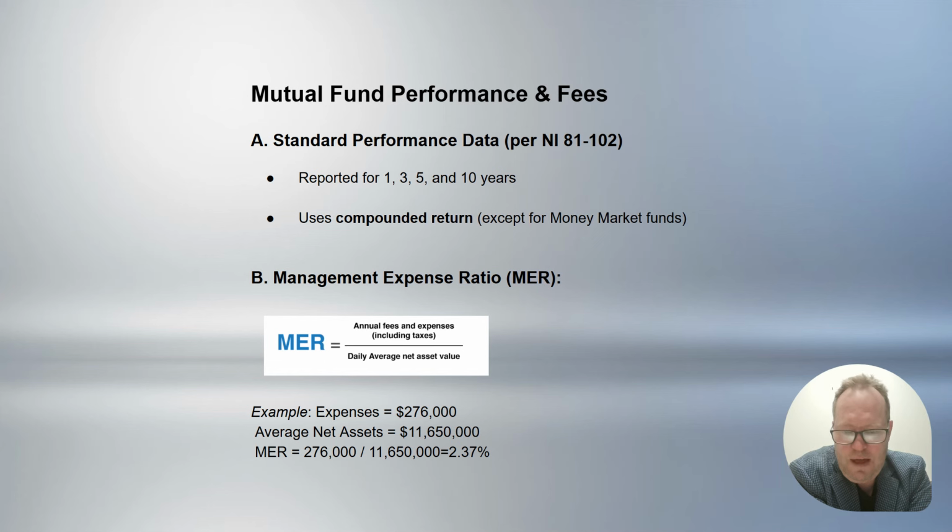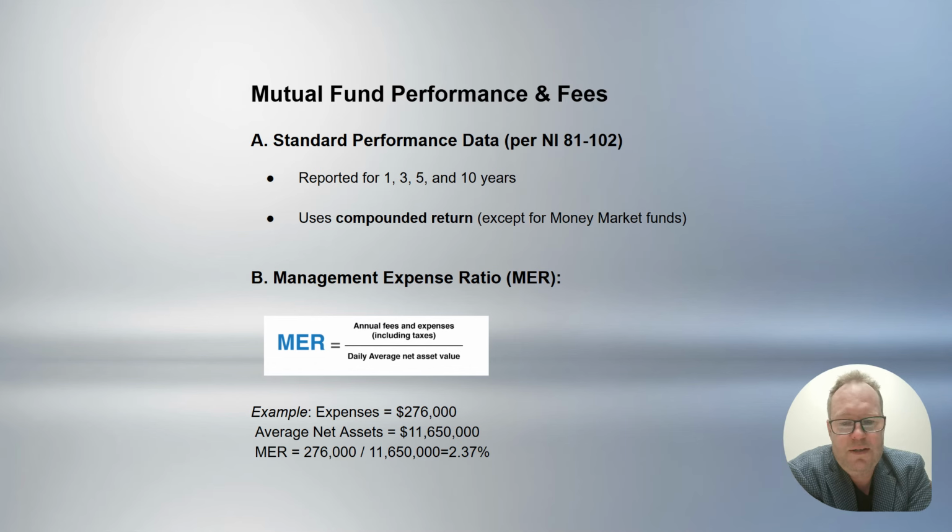An example of that would be if we had fees and expenses of $276,000, but average net assets of $11,650,000. The MER would be $276,000 divided by $11,650,000, giving us 2.37%.